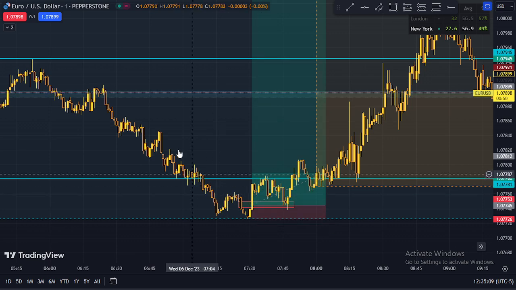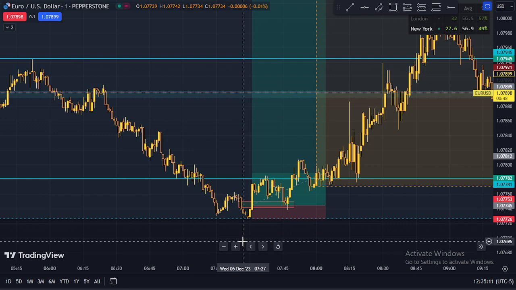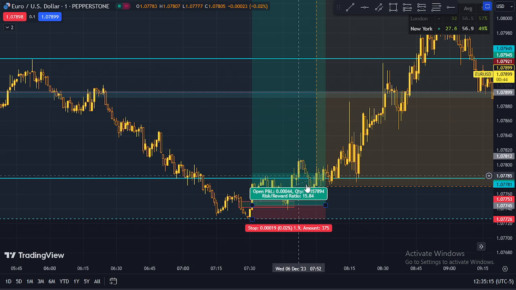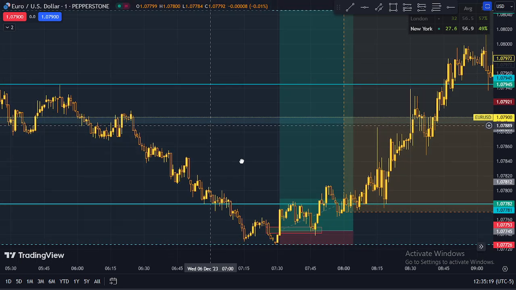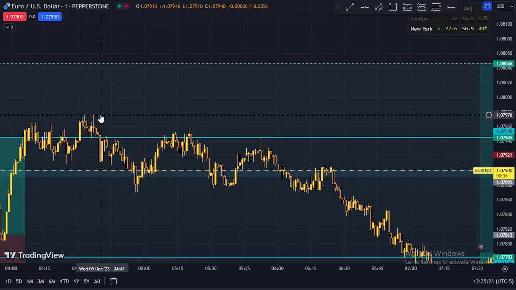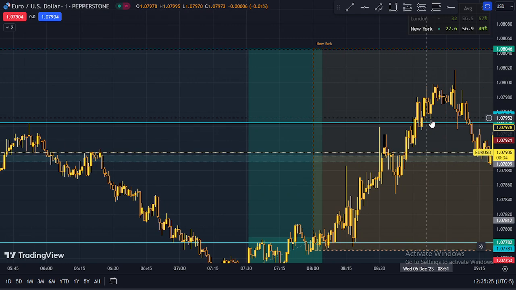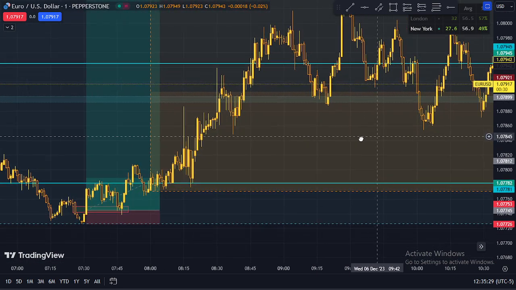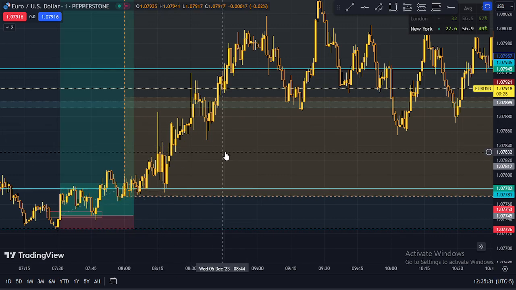So for instance, here we took the sell side. So it was an obvious setup for it to reverse. So we were supposed to go long right here and anticipate taking the buy side right here, which happened right there. And this was a good trade.